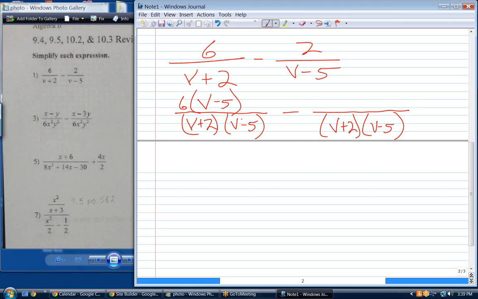The reason is that in order to convert that, to give me that new denominator, I had to multiply it by v minus 5 over v minus 5, or the number 1. I can multiply any fraction by the number 1 without changing its value. So this particular fraction I multiplied by v minus 5 divided by v minus 5. That gave me the desired denominator that I want, and it left me with this in the numerator.